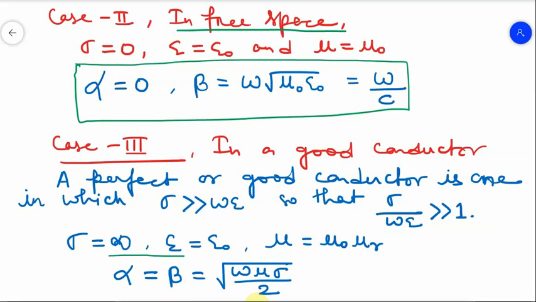So this is the condition which we can obtain. These are the different special cases that we have discussed here. The next topic of discussion is the skin depth, which is a measure of the depth to which an electromagnetic wave can penetrate the medium.